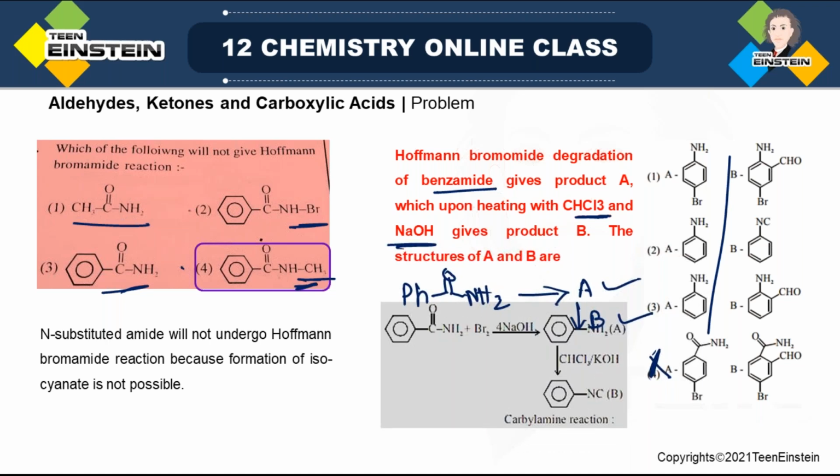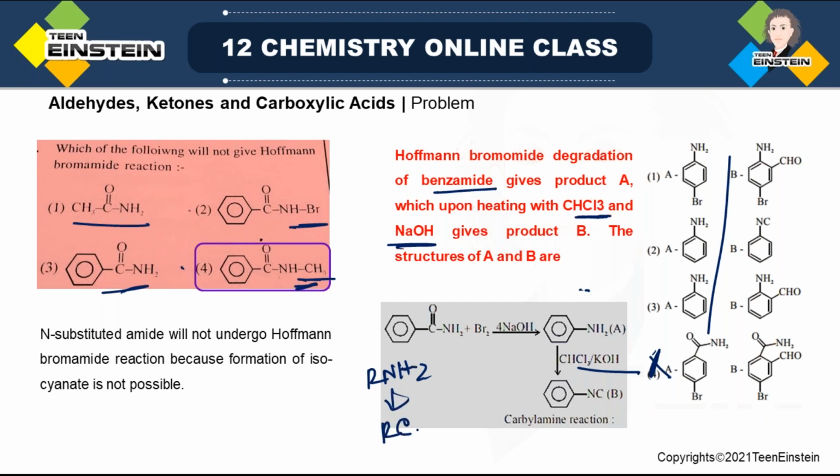That is the indication that a primary amine is present. So when you are treating A, which is aniline, with CHCl3 and KOH, it is the conversion of RNH2 to RNC. In our case R is phenyl, so it will be PhNC like this. So this option is the correct option, right?